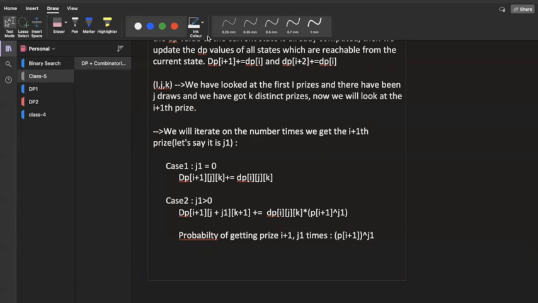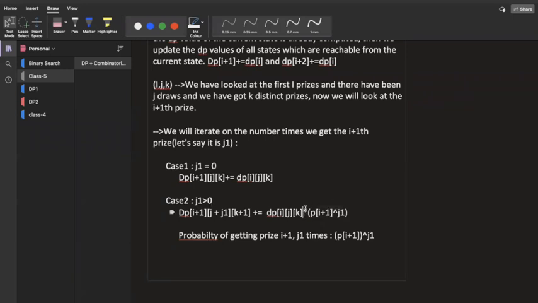So in total, I will have j plus j1 draws. And out of those j plus j1 draws, I should get the I plus 1th prize exactly j1 times. And I haven't taken into account exactly which draws should it be. So basically, I haven't taken into account the combinations, the various different arrangements that the prizes can have, such that I get the I plus 1th prize exactly j1 times.